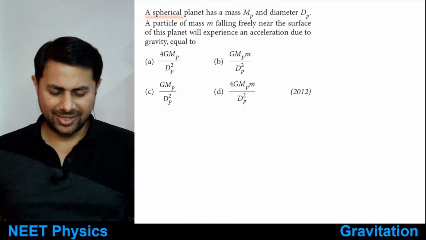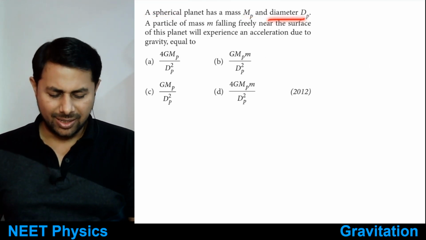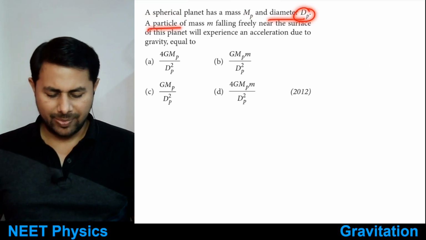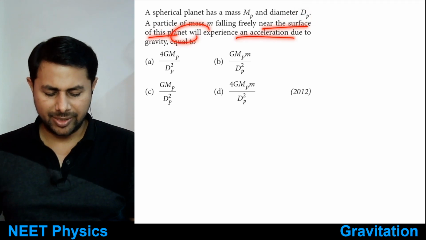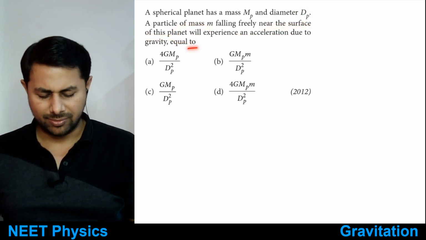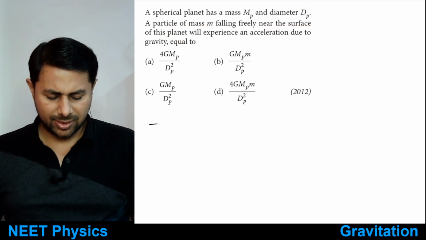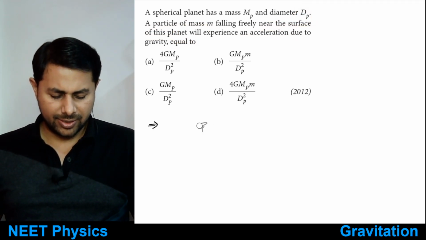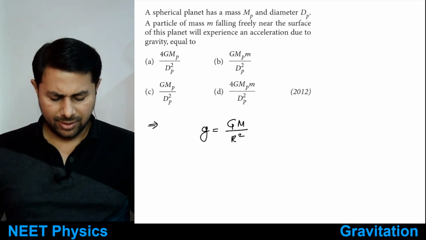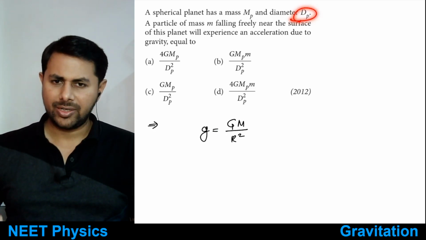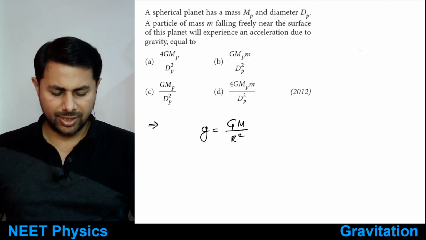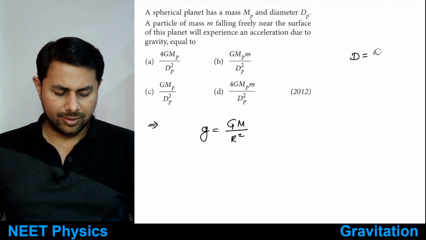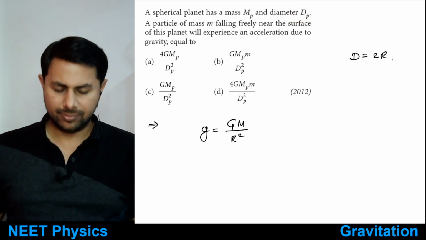A spherical planet has mass M_p and diameter D_p. A particle of mass m falling freely near the surface of this planet will experience acceleration due to gravity equal to. So this is nothing. Acceleration due to gravity g is just GM divided by R square, and in place of R they have given the diameter, so just put D is equal to 2R, or R is equal to D by 2.